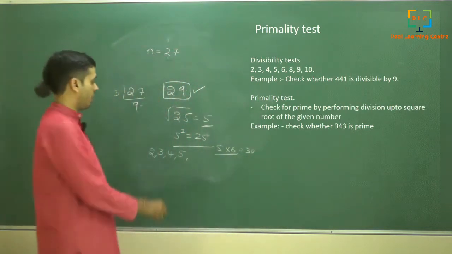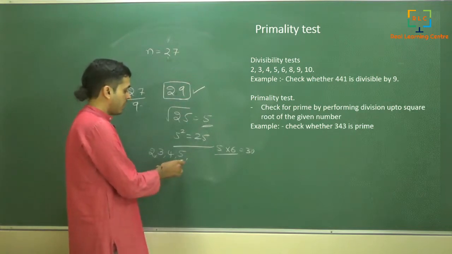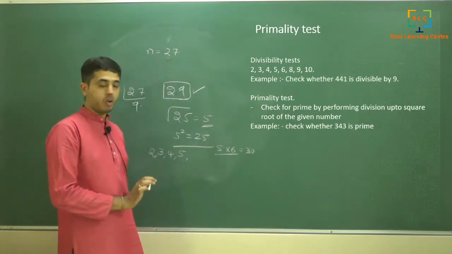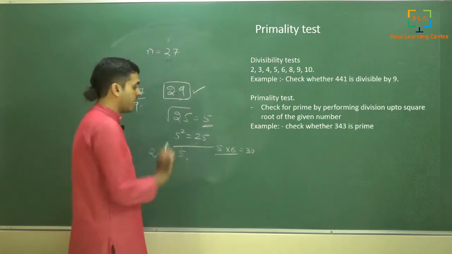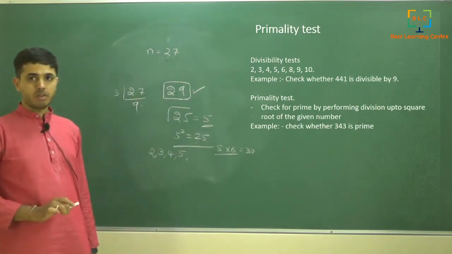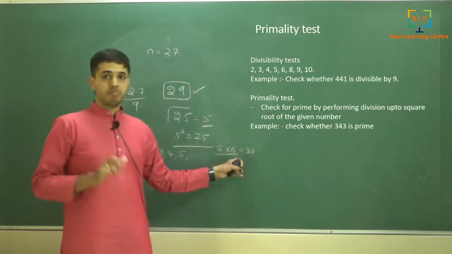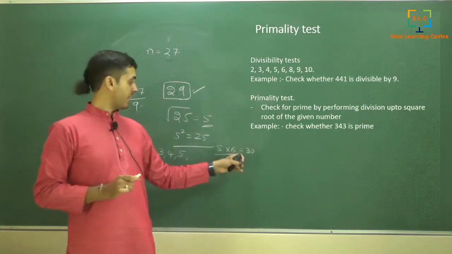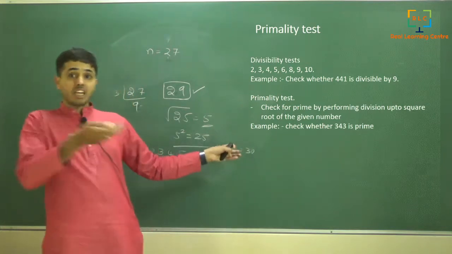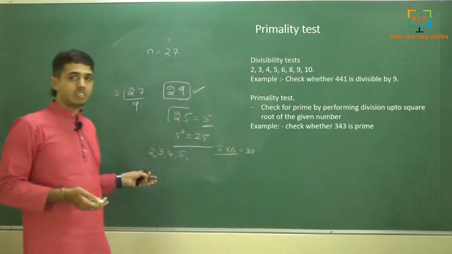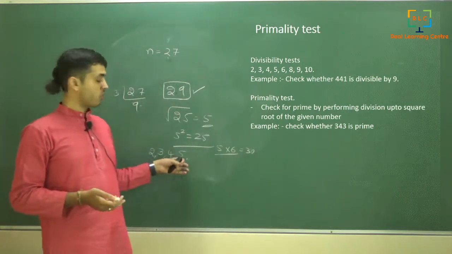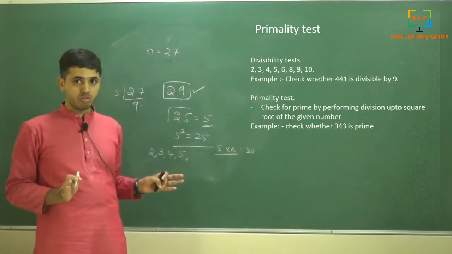I have checked for all numbers up to 5. And any bigger number if I take, that is 6 is a bigger number than 5. If I take 6, then the other factor must be less than 6. It must be 2, 3 or 4 or 5. True?